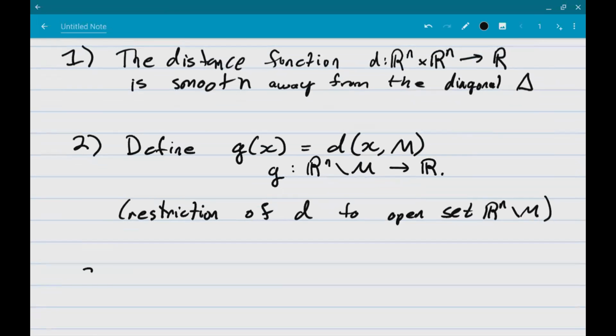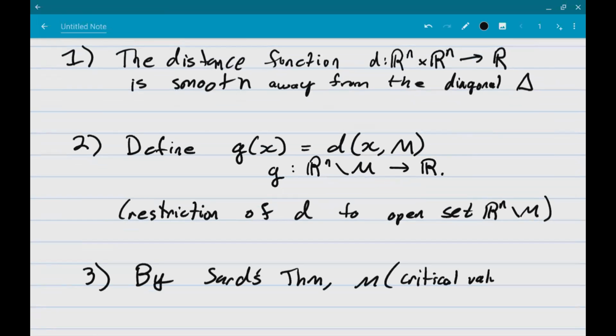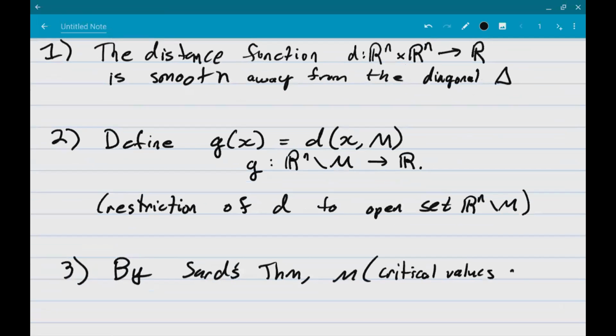Okay, then 3, you say by Sard's theorem, the measure of the critical values of g is equal to 0.